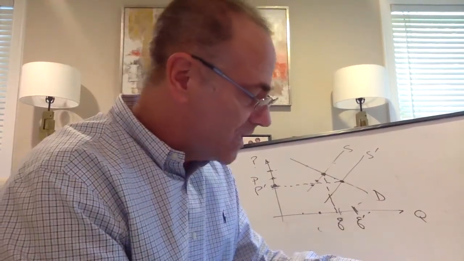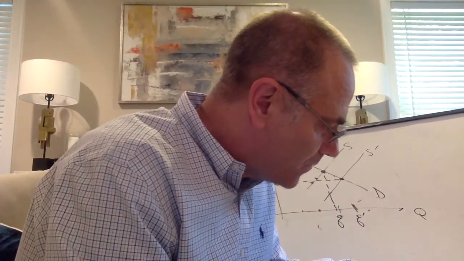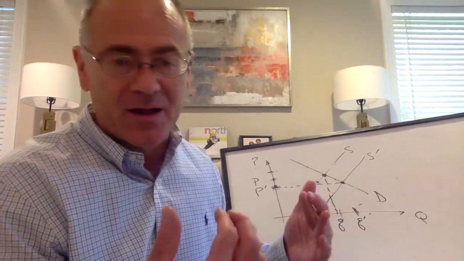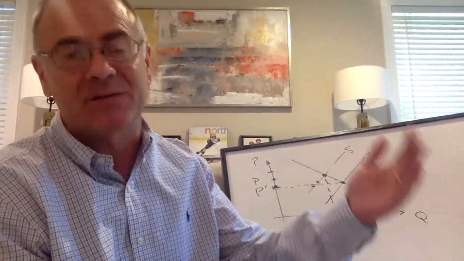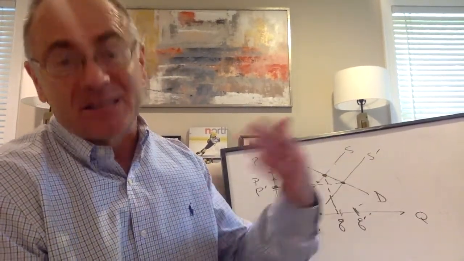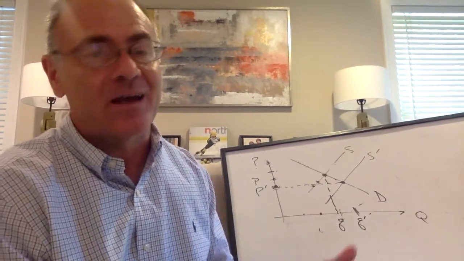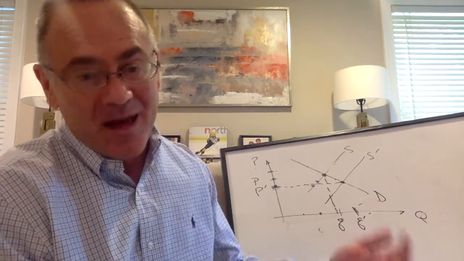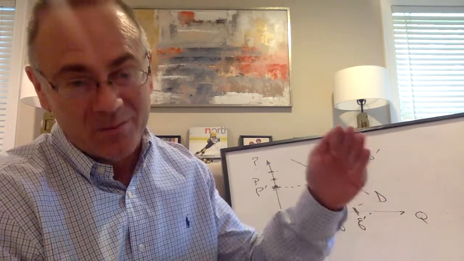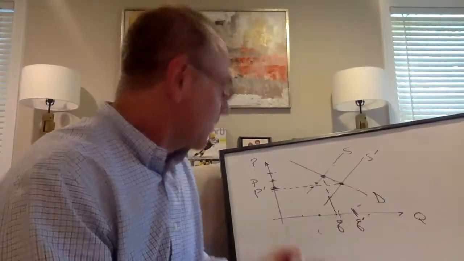So all of a sudden, foreign cotton has increased. That's going to mean the price of foreign cotton is going to go down. Foreign cotton is a substitute for domestic cotton. The price has gone down. That means the demand for domestic cotton is going to go down. People are going to be willing to pay a smaller price than they were before.